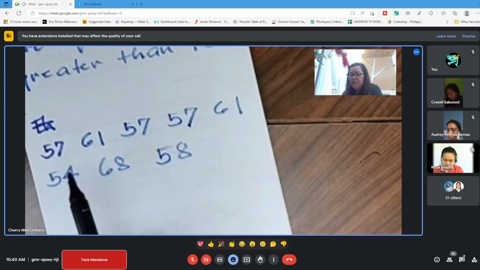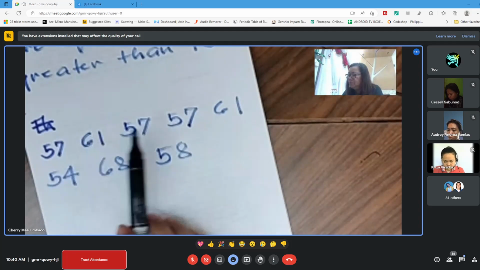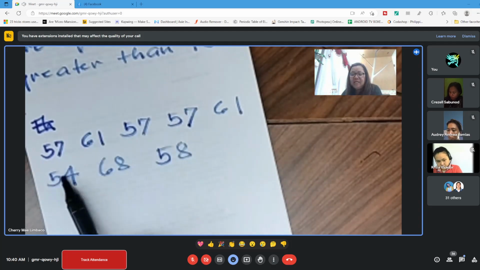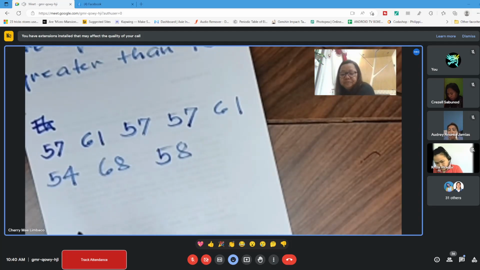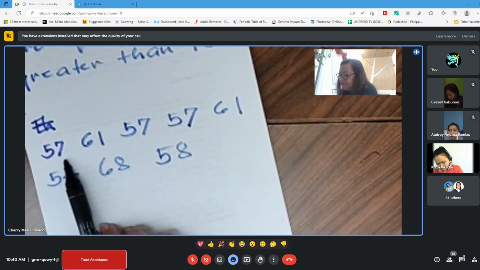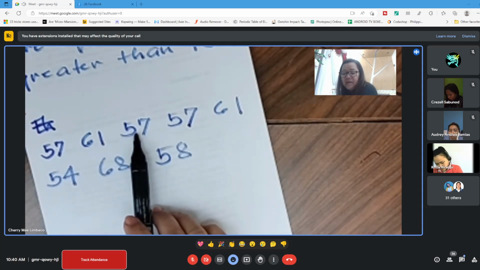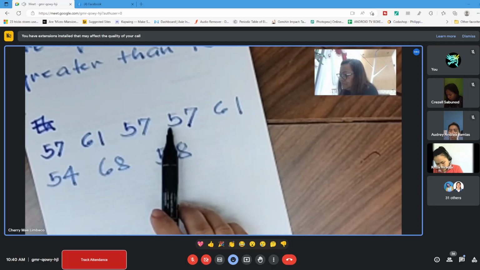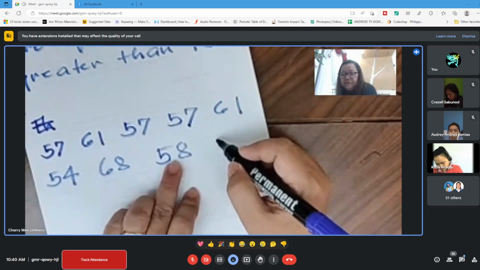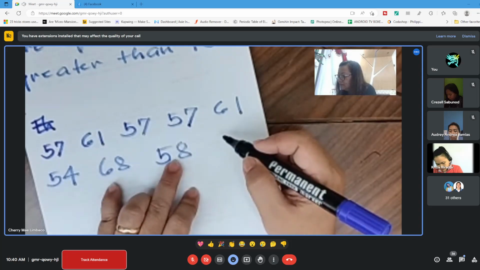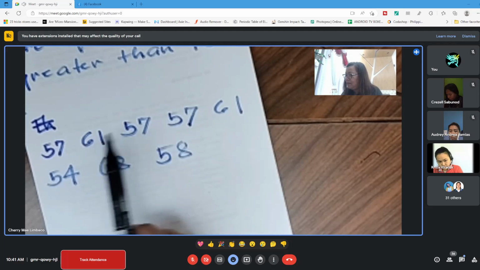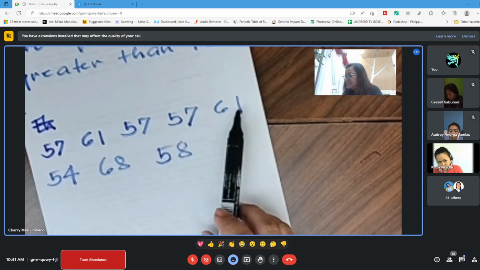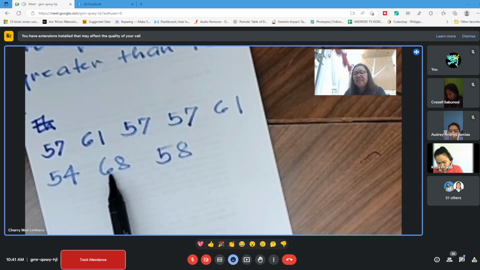That is 8 values. Let's have these: 57, 61, 57, 57, 61, 54, 68, 58.